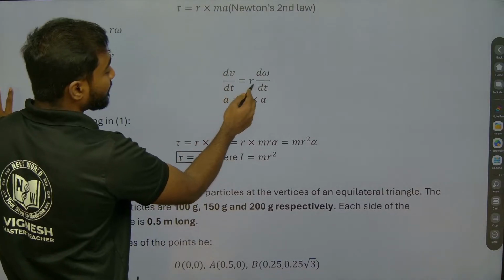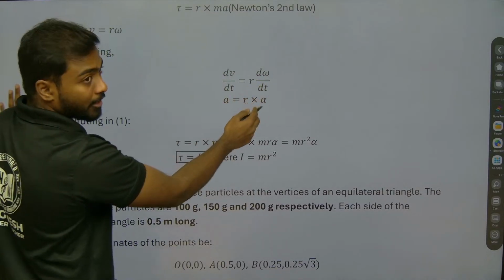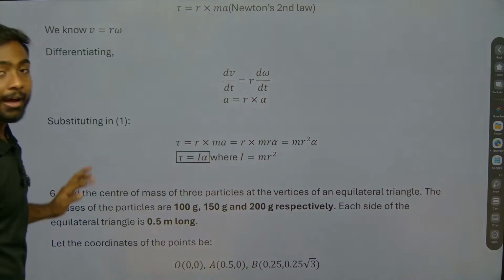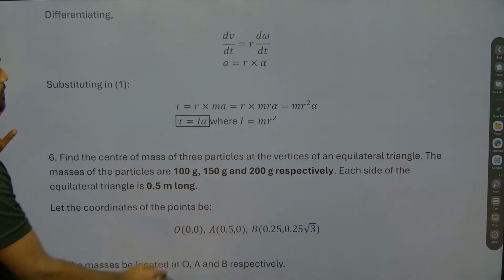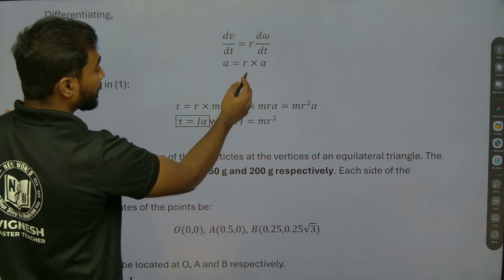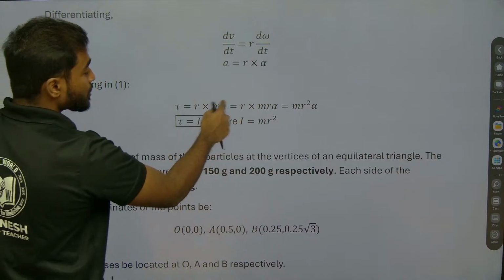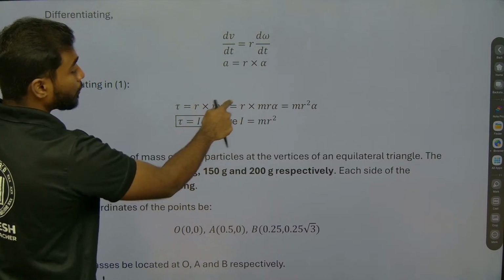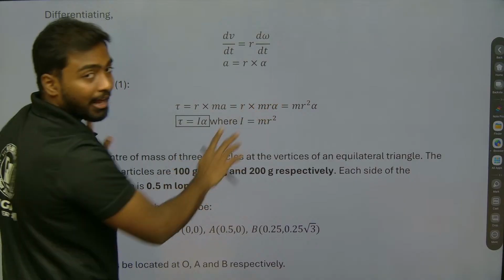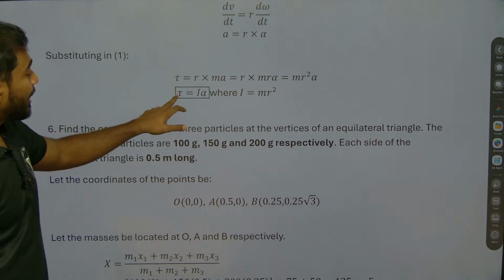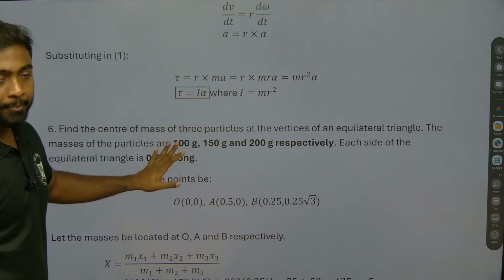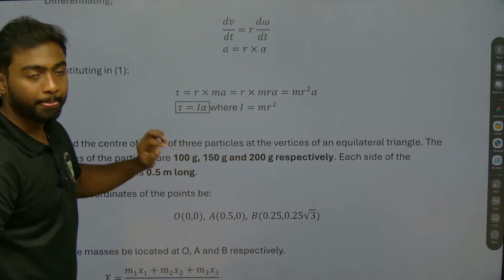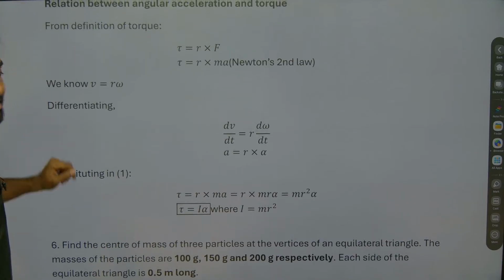So dv by dt is equal to r into d omega by dt, so a is equal to r alpha. In terms of a, I can replace it with r alpha. So m into r into r alpha gives m r square alpha. So the relation is tau equals I alpha, where I is nothing but m r square. So this is my relation.